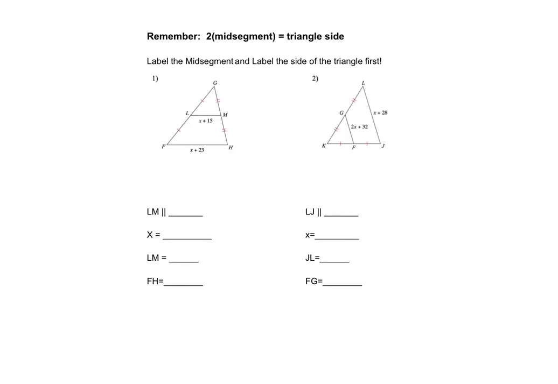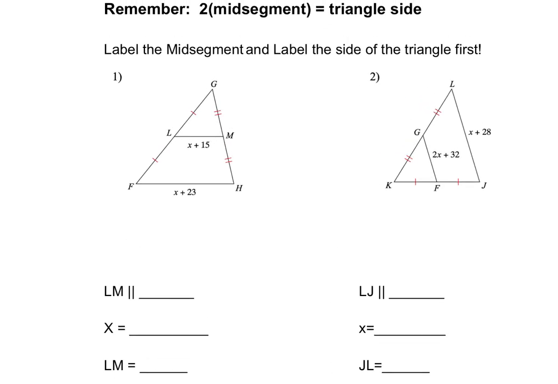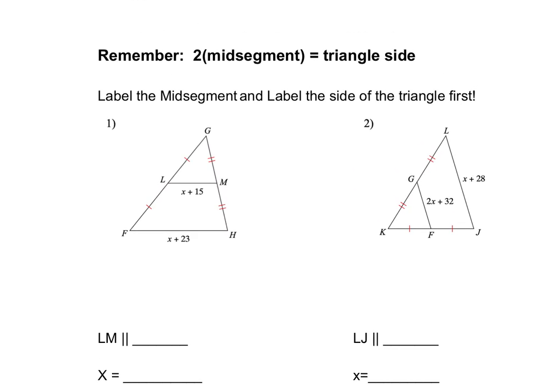And then last but not least, of course, we have to do a little bit of algebra with it. Up here, it tells us that 2 times the midsegment equals the triangle side. So once again, here is our midsegment in blue, and this is our side.